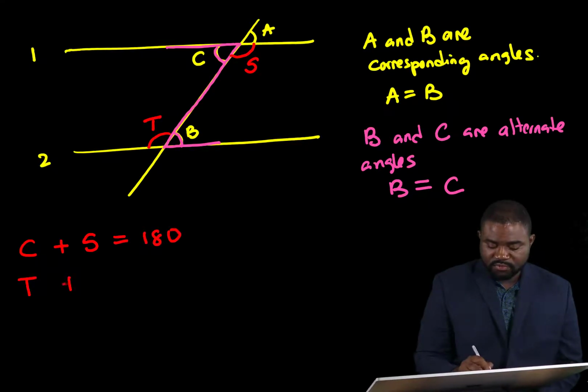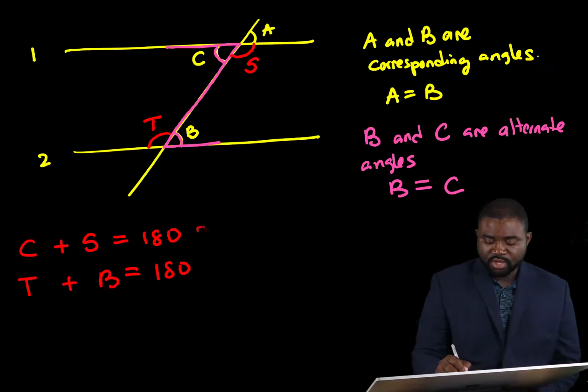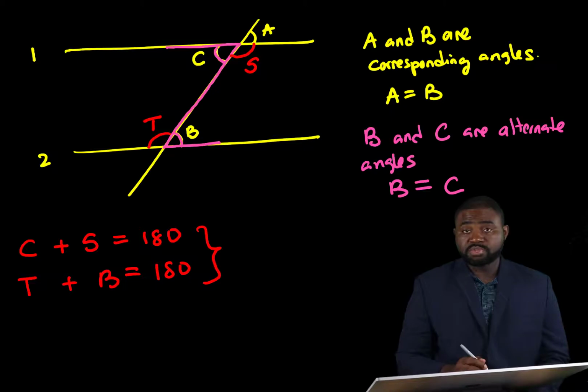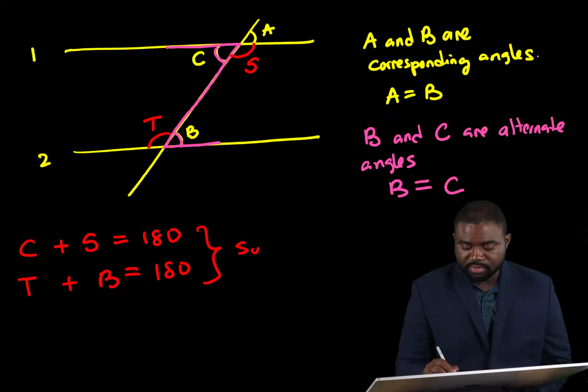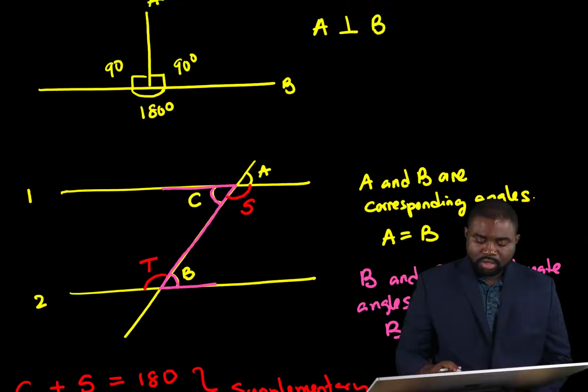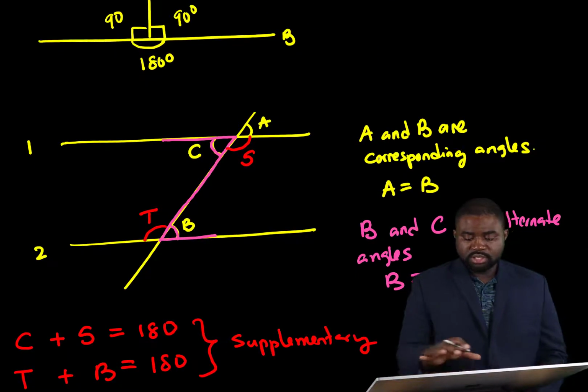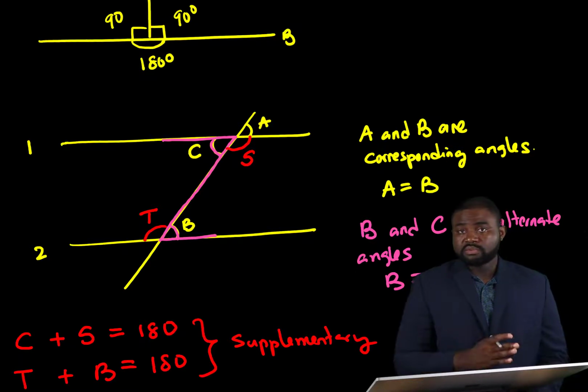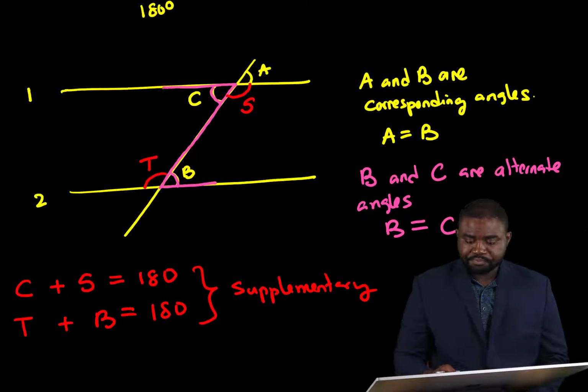T plus B is equal to 180 degrees. When two angles sum up to give 180 degrees, we say that they are supplementary. Though it looks very simple, we're going to use this over and over throughout this course.